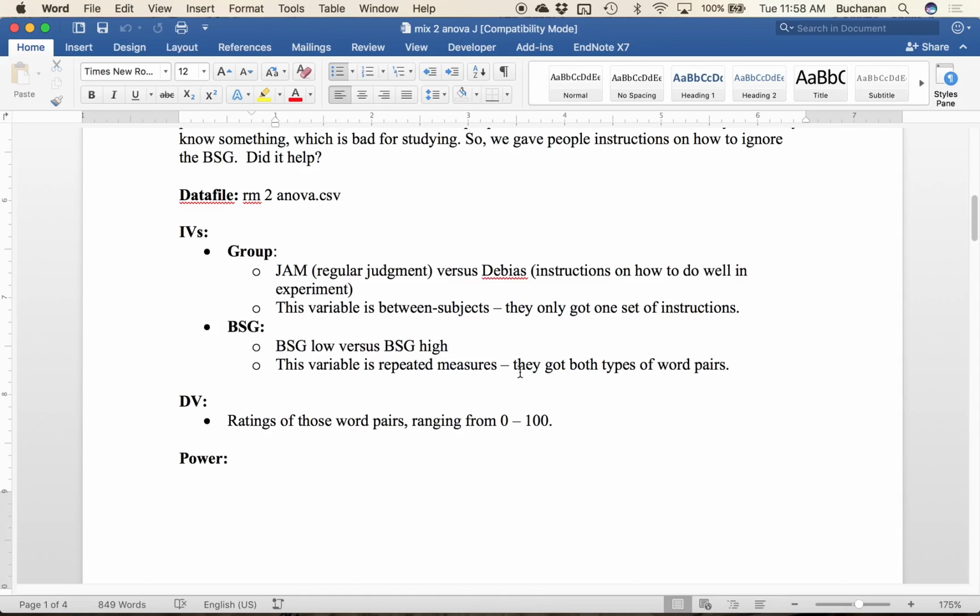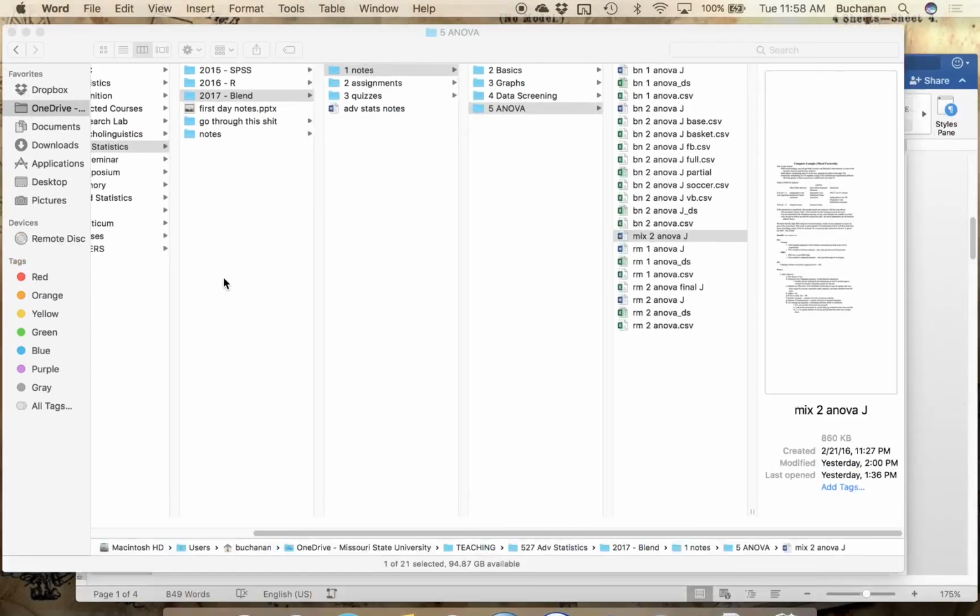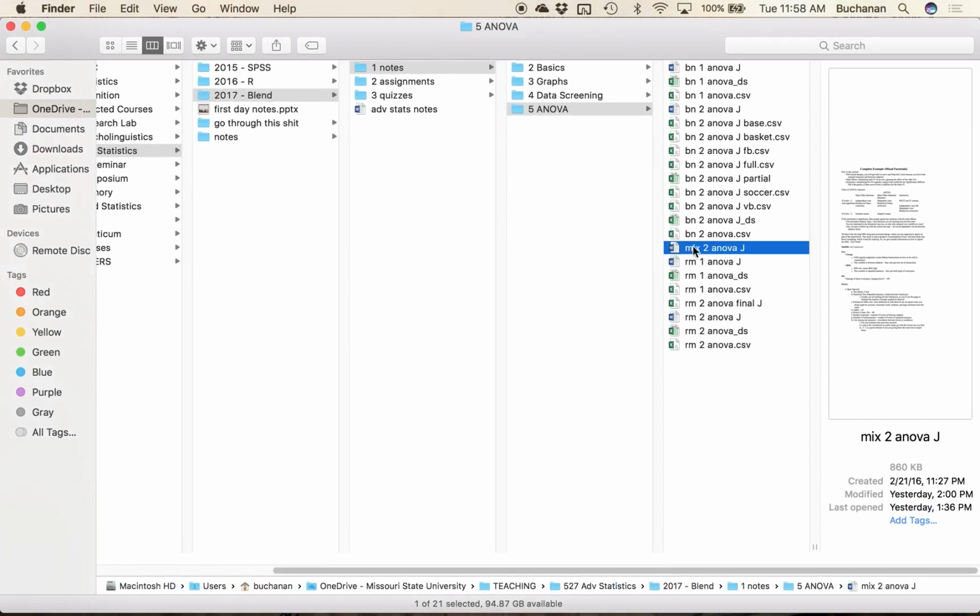And that's repeated measures, they got all of those types of words. We created an average score for low and high, and those are the ratings of those word pairs. It ranges from 0 to 100, and these are average scores so they can have decimals. So let's get started looking at data screening for this. And it's this RM2 ANOVA data.